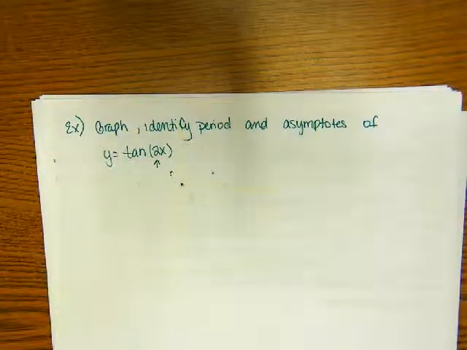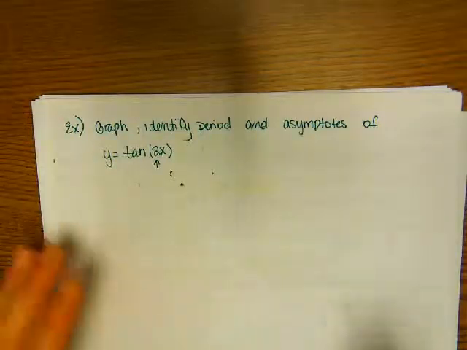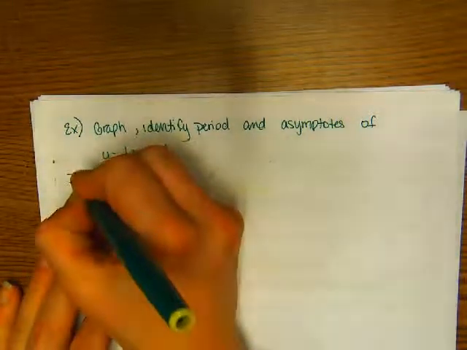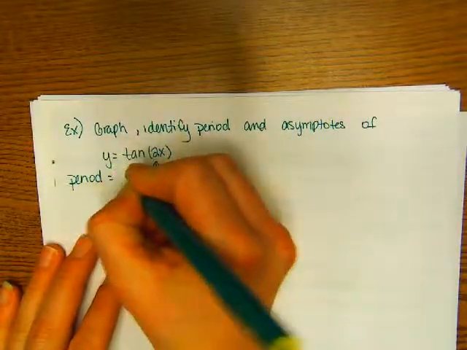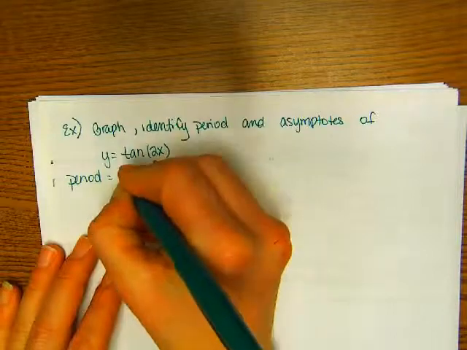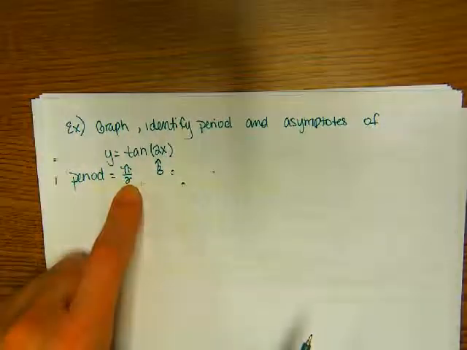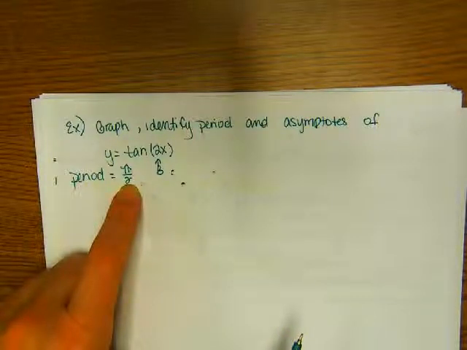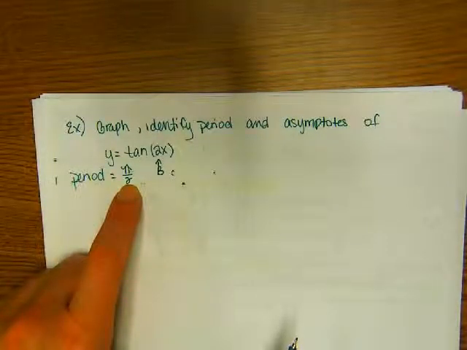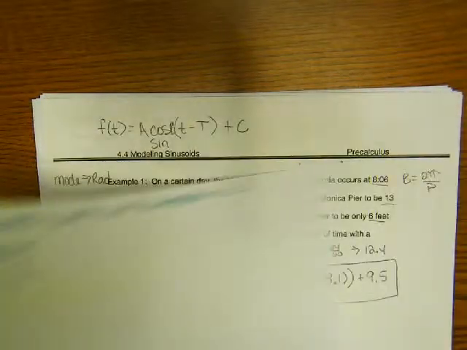So what is b? 2. What this means is this has a period of pi divided by 2. The old period divided by b. What was the period of the parent function? Pi. It's half as big now, isn't it? Isn't this just a horizontal shrink of 1/2?